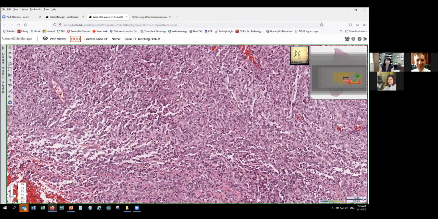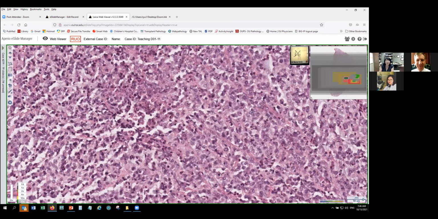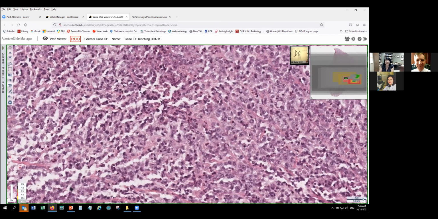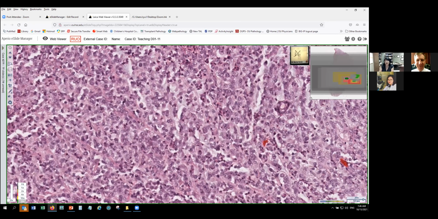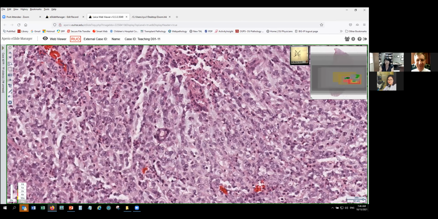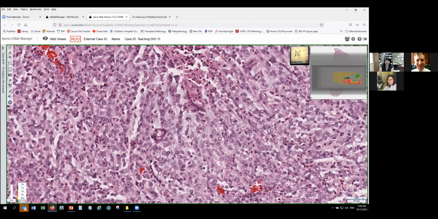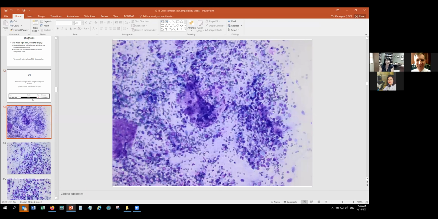With rhabdoid tumor, we usually think of rhabdoid cells as large epithelial cells with eccentrically located nuclei and cytoplasmic inclusions. This one we did not see. What we saw was just some undifferentiated small cells. So you have to do INI1 to get the diagnosis. So that's the case.